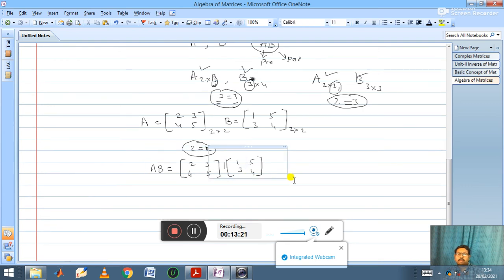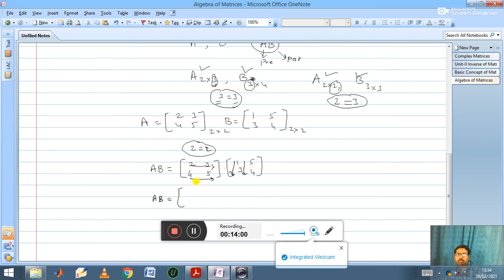While multiplying these two matrices, remember the first row elements are 2, 3. We multiply them with the first column elements of the second matrix. First row first column, then first row second column, then second row first column, second row second column.